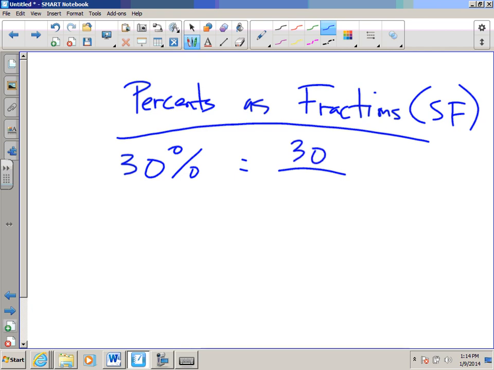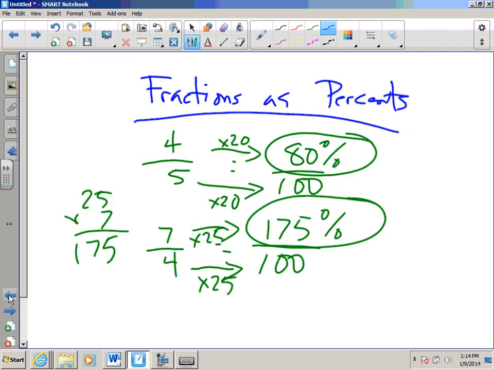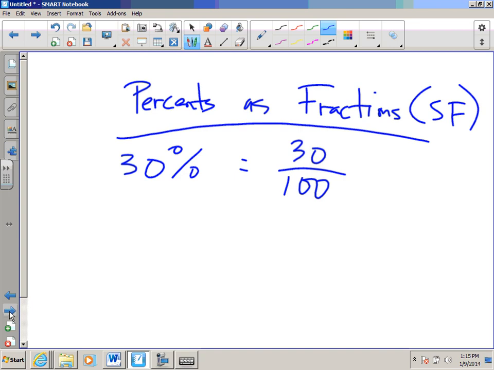What do we just use? 100. Just like over here, I wanted to get this over 100 to tell me what the percent was. Now I'm just going to go the other way and say, okay, I already know what this fraction is. I'm going to put a 100 underneath it. That's not the hard part. You got to make sure to simplify.